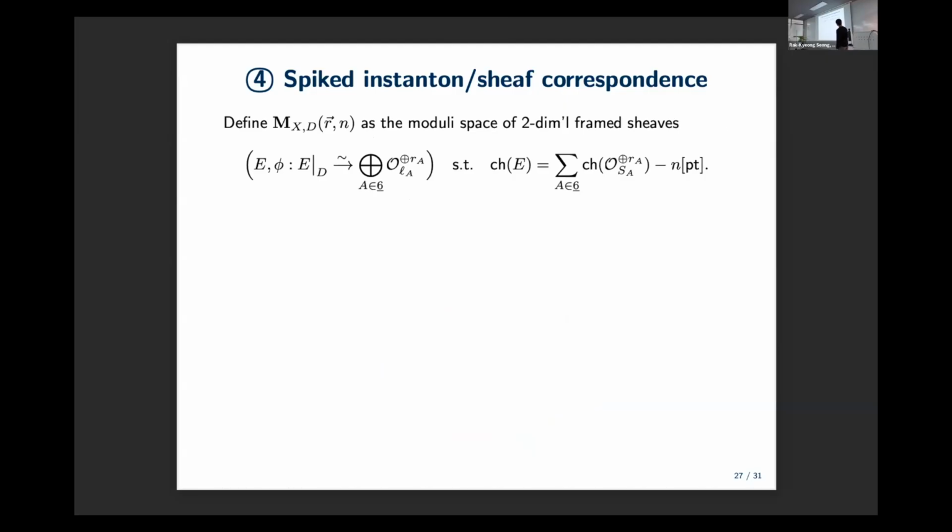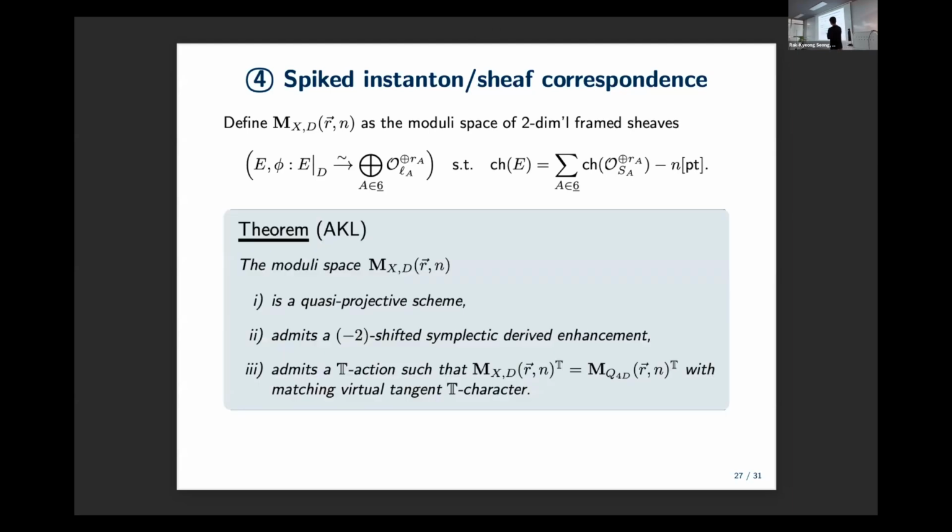And then we define the moduli of 2-dimensional framed sheaves inside X. Just as before, it parameterizes a tuple of 2-dimensional sheaves together with how it behaves at the boundary, as an isomorphism with this fixed sheaf. And then the Chern character is defined in terms of n, the instanton number. And then the theorem that we prove is that this moduli space is actually a quasi-projective scheme.